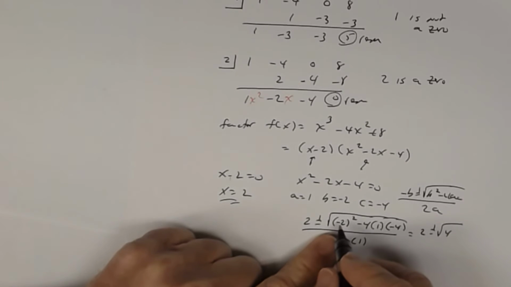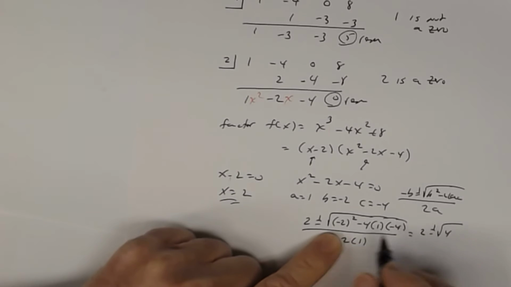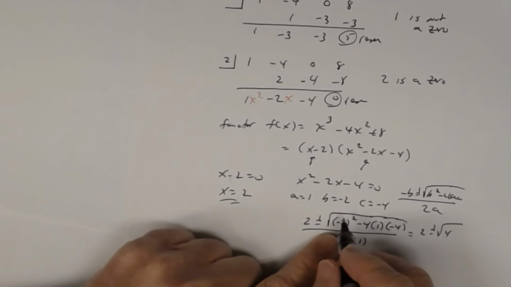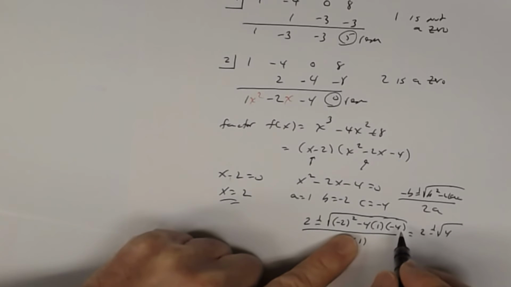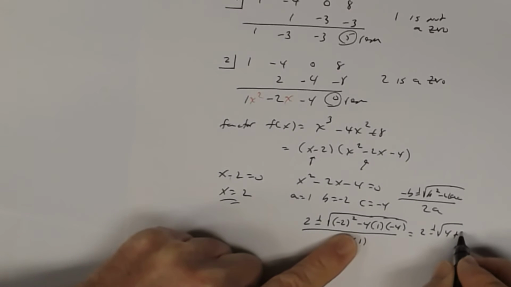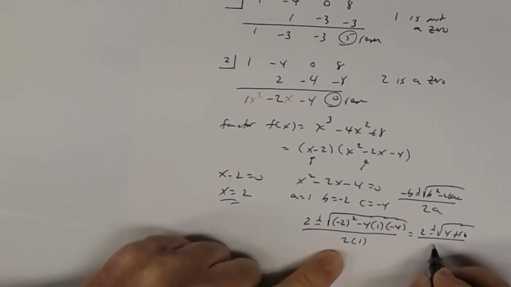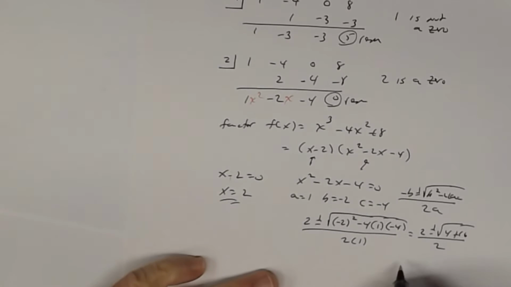B squared is never negative, so be careful if you're going to use your calculator with this. That's why we put that in parentheses, because that means a negative 2 times itself, positive 4. A negative 4 times 1 times a negative 4 is a positive 16, all divided by 2 times 1, which is 2. So this becomes 2 plus or minus the square root of 20, since 16 plus 4 is 20, divided by 2.